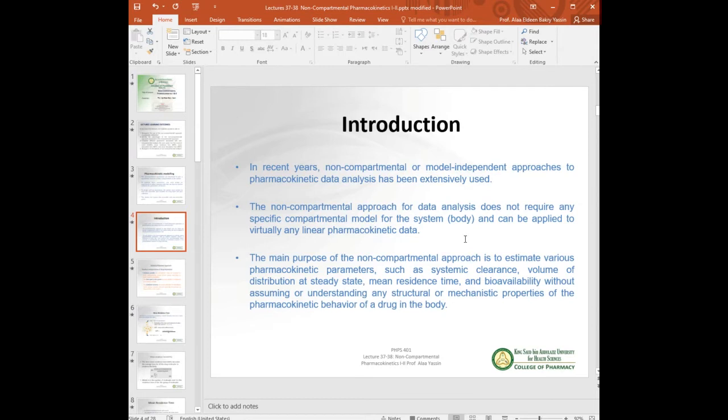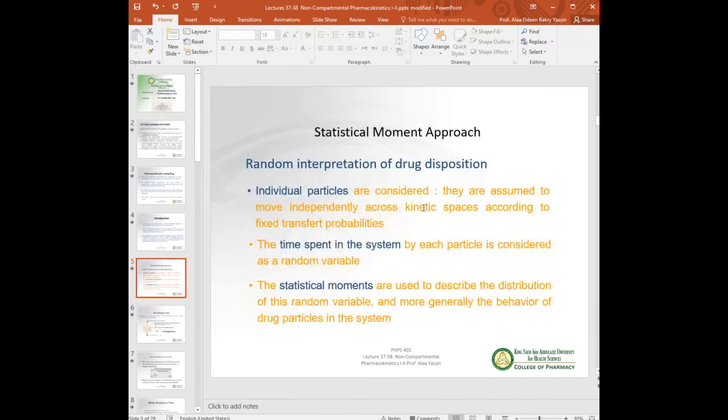So it analyzes the amount of the drug that is present in the system at a certain time. This is also the key even for the compartmental approach. But here, we apply the idea of a statistical moment.